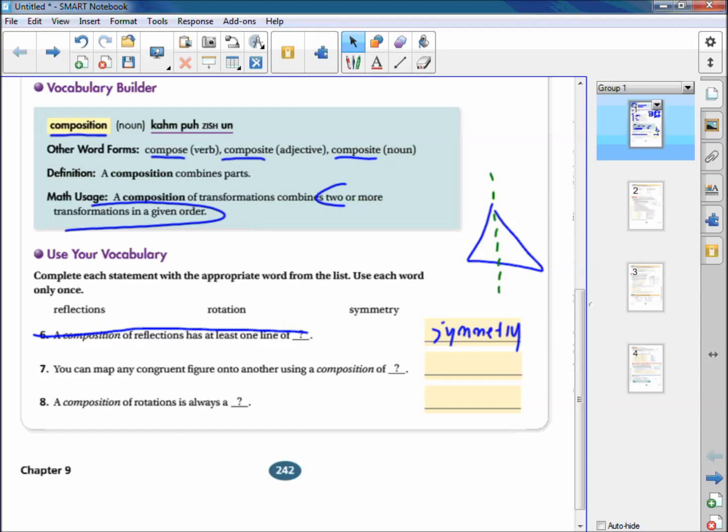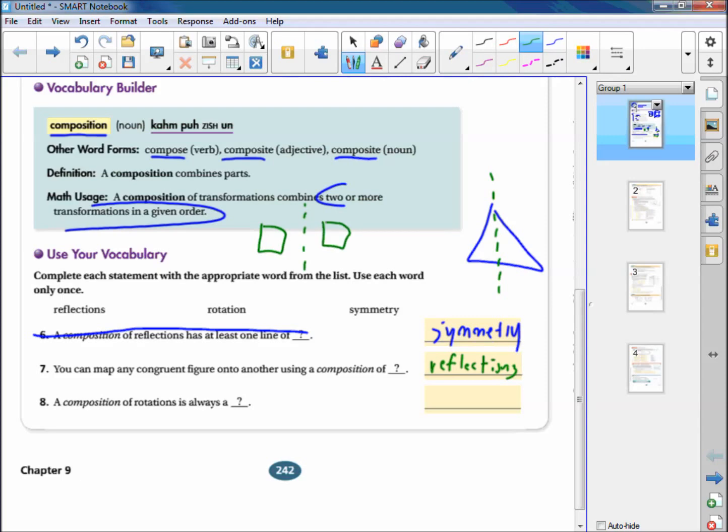Okay, all right, so you can make any figure congruent onto another using a composition of reflections. So if you think about it, if we had the square like before, if we flip it once, it reverses.